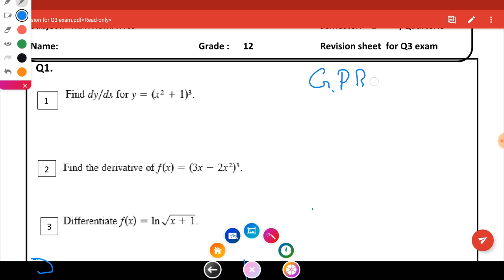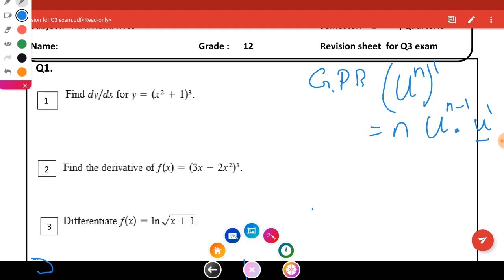The general power rule states that if we have a function u raised to power n, its derivative is n u to the power n minus 1, multiplied by u prime. It means I multiply the power by the bracket raised to the power decreased by 1, multiplied by the derivative of what is inside the bracket.